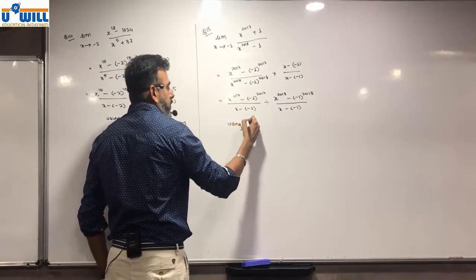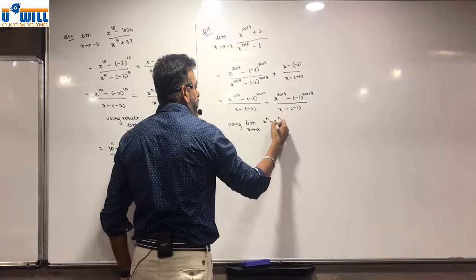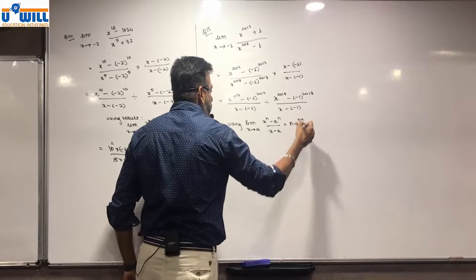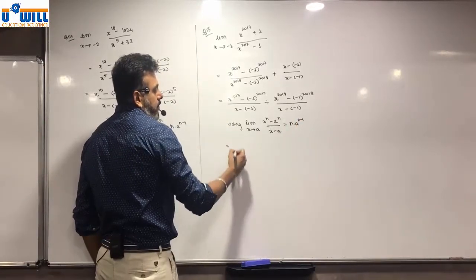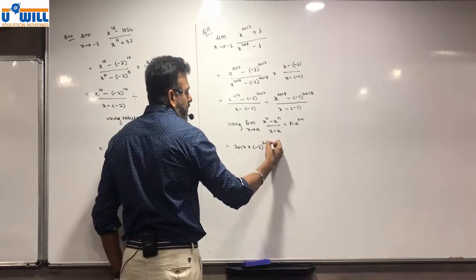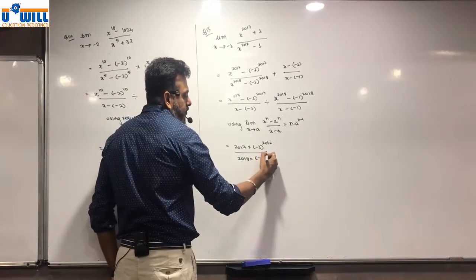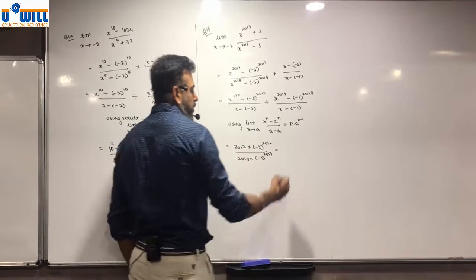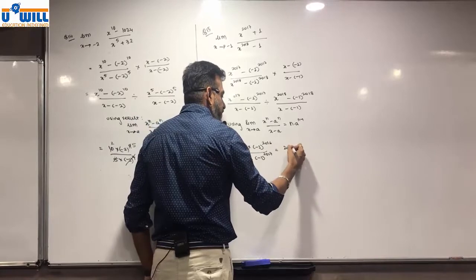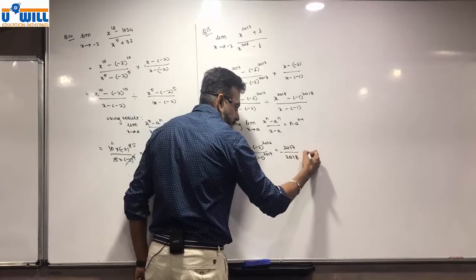Using limit x tends to a, x raised to n minus a raised to n upon x minus a is equal to n into a raised to n minus 1, what we get is 2017 into (minus 1) raised to 2016 upon 2018 into (minus 1) raised to 2017, which is equal to, this will ultimately become positive, so 2017 upon, this will become negative, minus 2018.